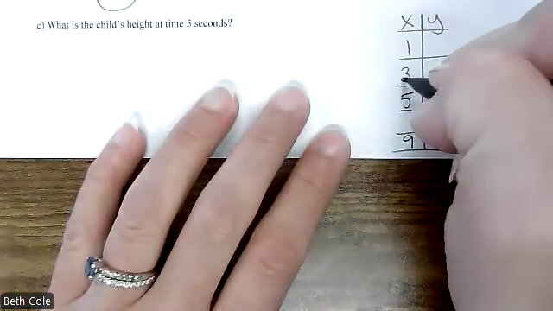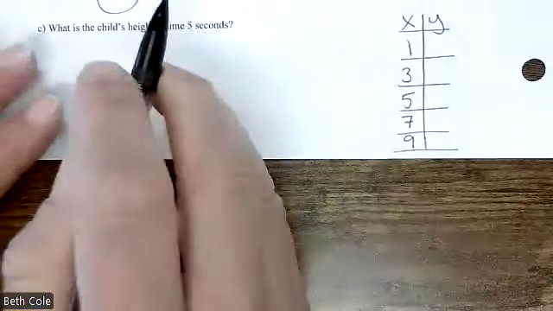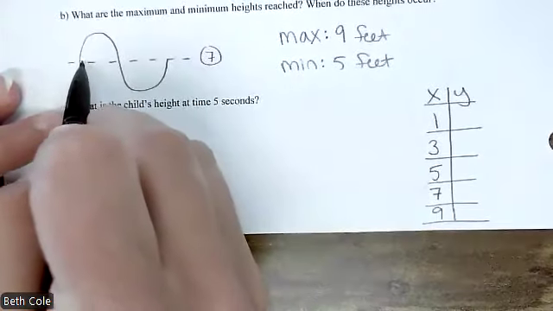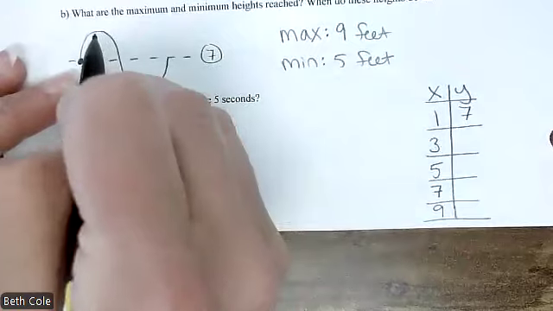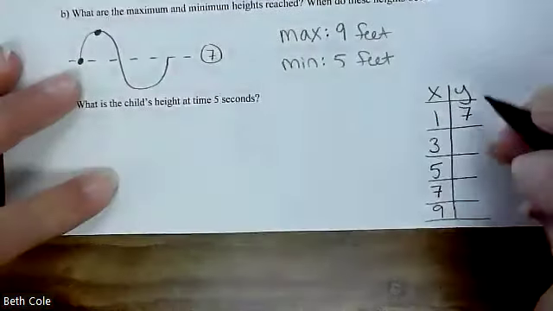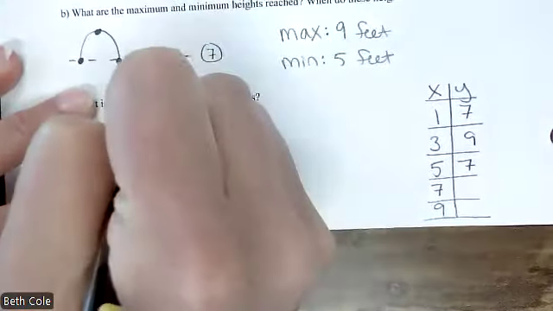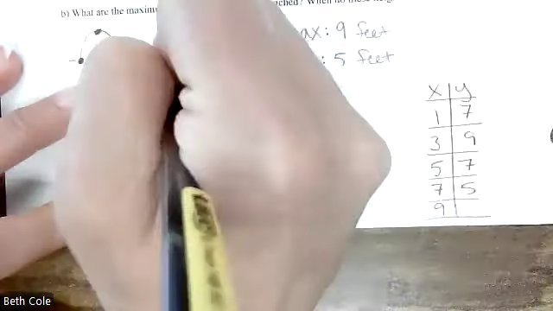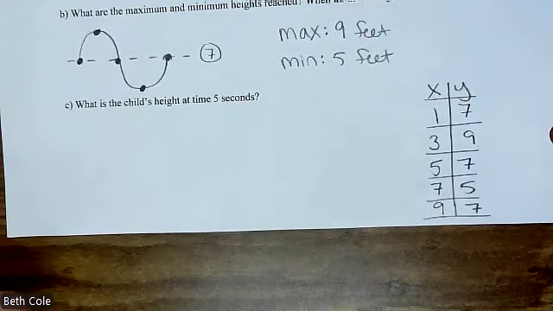And then these all just end up being the odd numbers, right? Now, you can just look at your picture here. Where do we start? 7. And then it goes up to 9. Back to 7. Down to 5. Back to 7. All right.